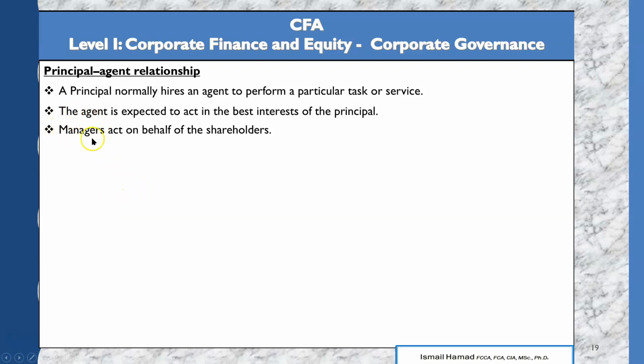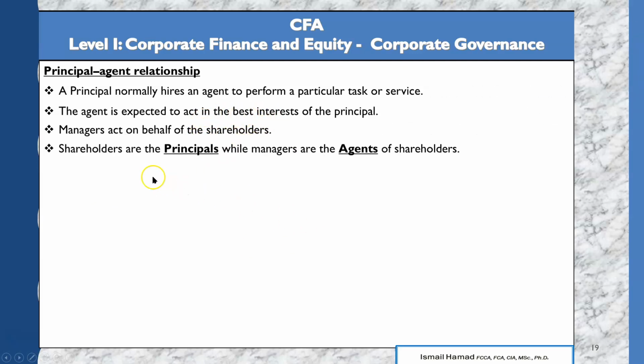So these actions of the manager might not be in the best interest of shareholders. Sometimes managers even invest in value destroying projects just to have many companies and huge buildings as a matter of prestige. But this will erode the value of shareholders.